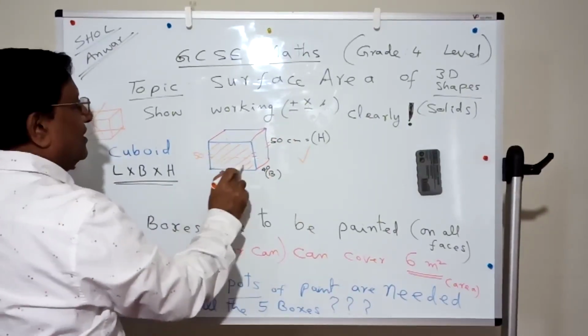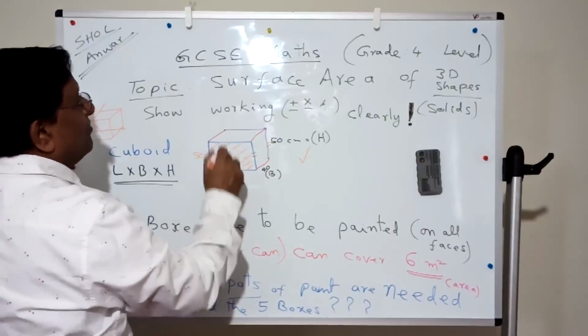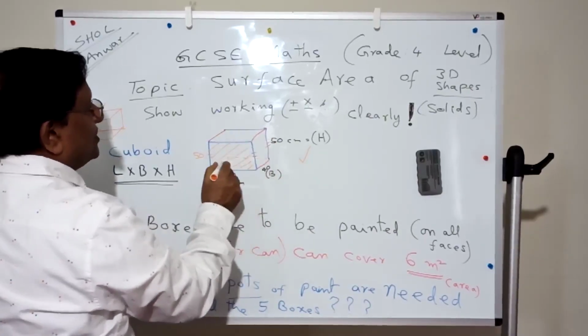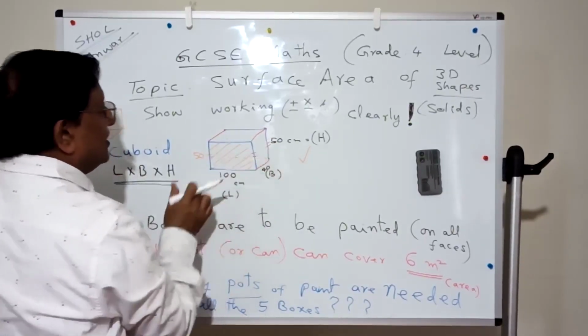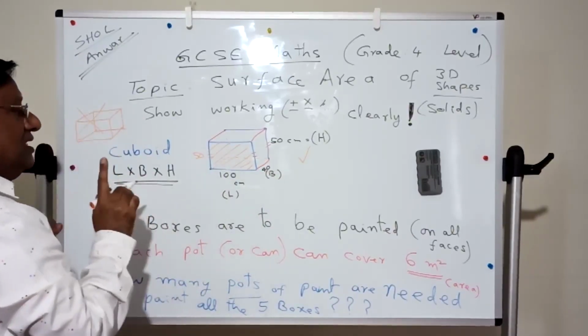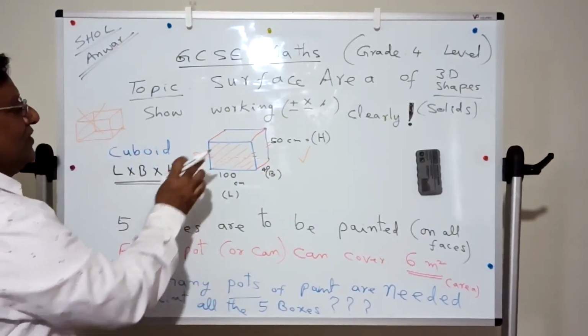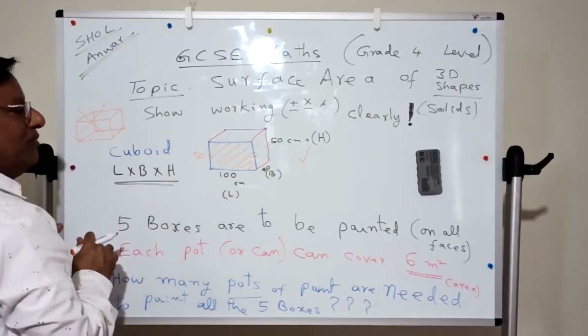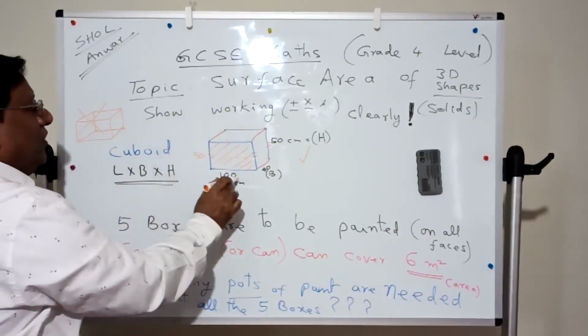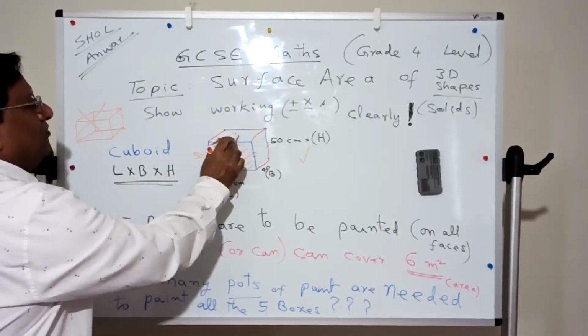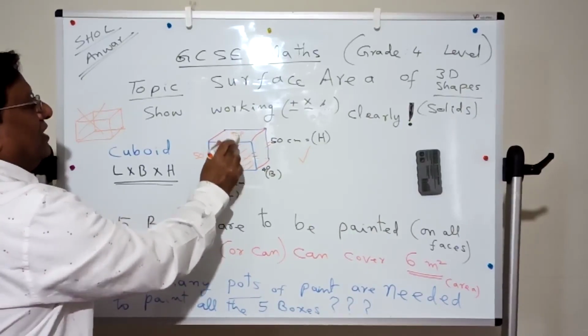Here 100 times 50 is the front, and the backside is also 50 times 100. Each area you have to do twice, because front and back are one pair, and top and bottom are another pair.